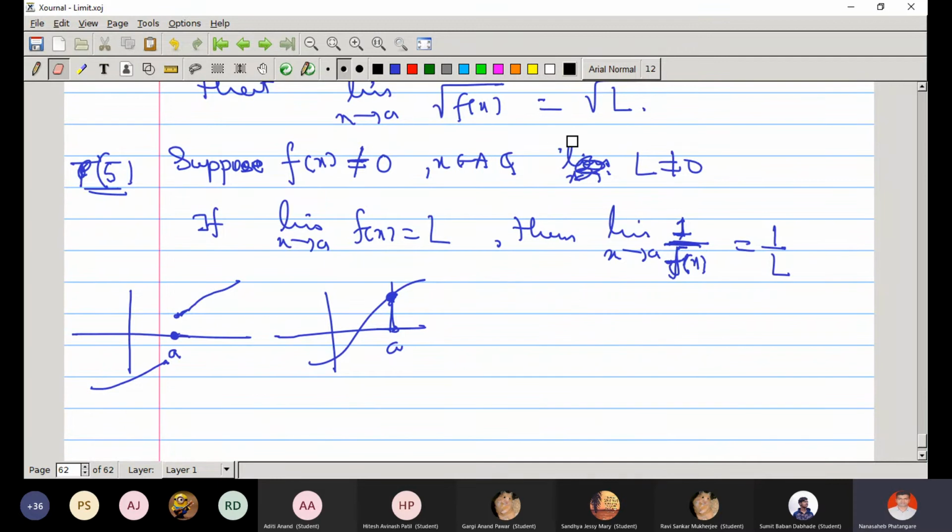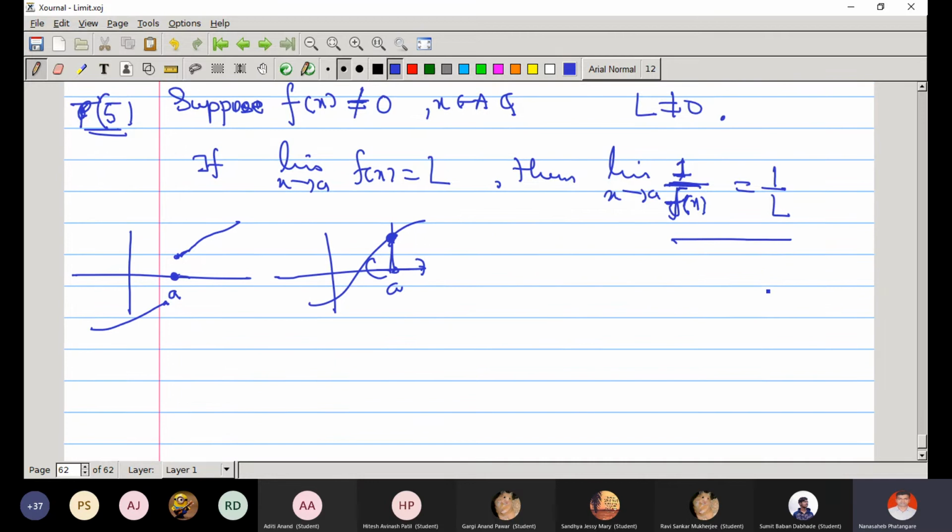If the limit exists at A and it is L and L is non-zero, that means near A the function is positive or negative. That means L is positive or negative, whatever it may be. Then the limit of 1 upon fx is 1 by L. So you should think about this.